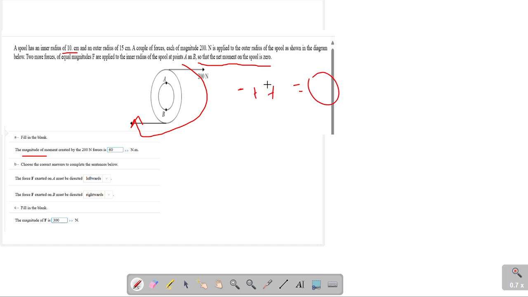We need a positive turning effect. So the force exerted on A, so this part, has to move counterclockwise. So not this direction, it has to move this direction. So it has to go leftwards. And for B, it has to be rightwards to maintain that counterclockwise motion to be able to get it to 0.